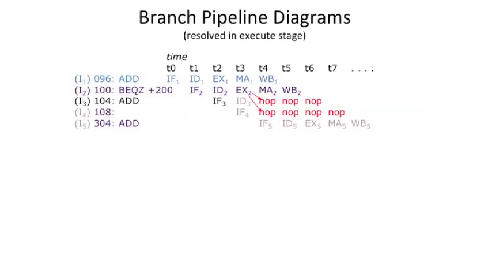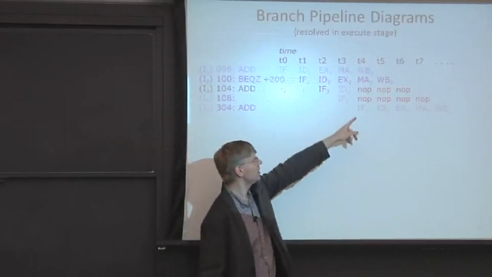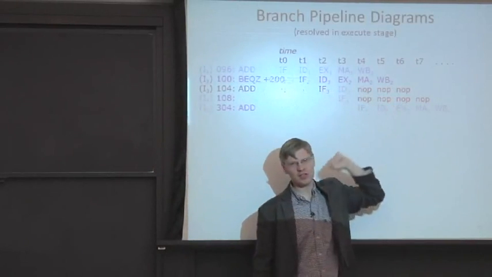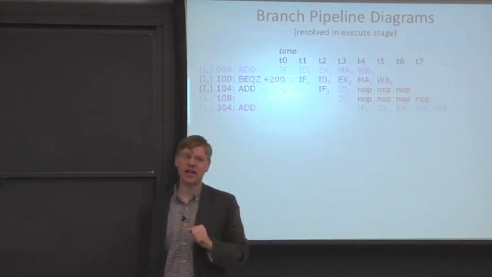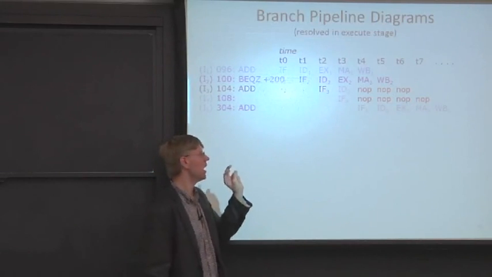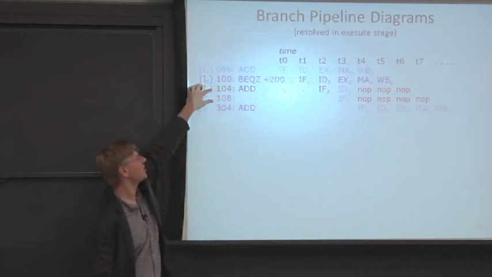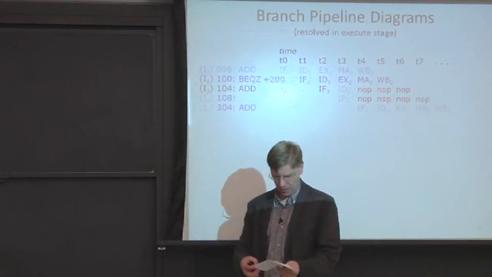Let's look at this from a branch pipelining perspective. We'll draw the pipeline diagram for a branch executing for our example. What you're going to notice real fast is that if you actually execute the branch and take the branch, you're going to be adding two extra instructions, in this case 104 and 108, and they get killed as they go down the pipe.